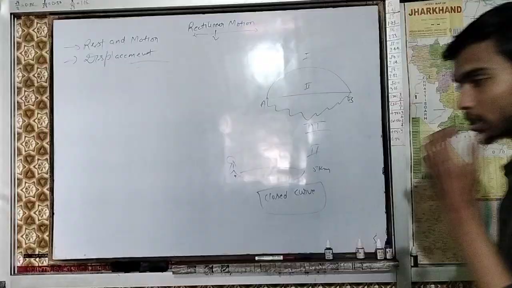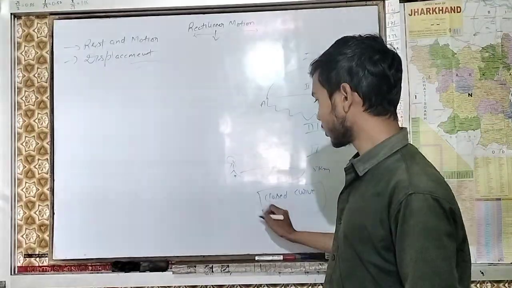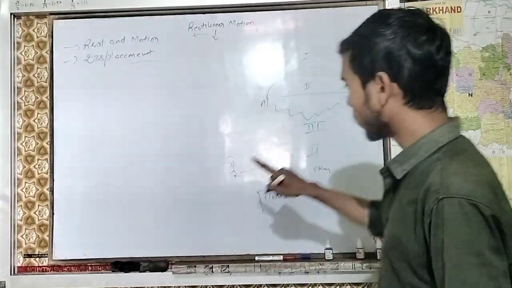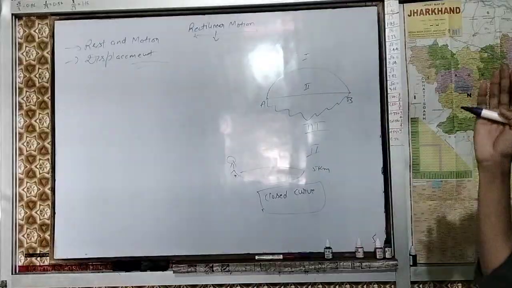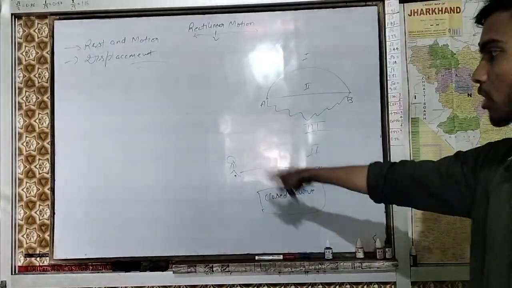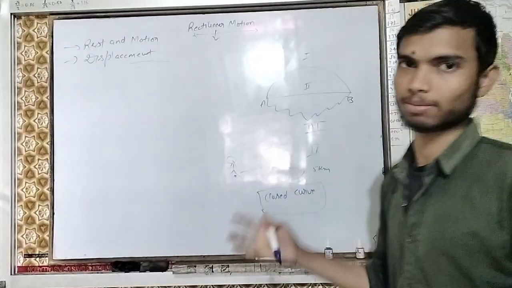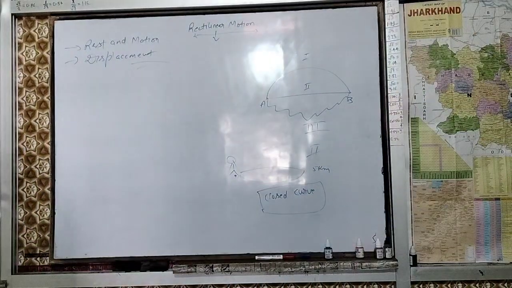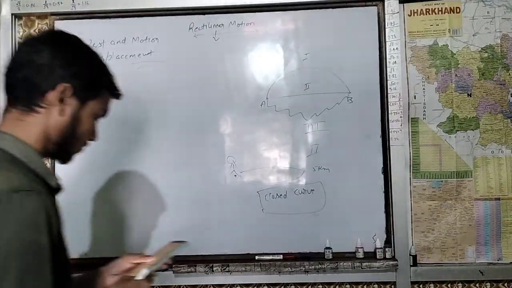And if you want the logic, it is starting from the initial point, but when it comes to the final point, where does it reach? At the same location. So initial and final are the same. That's why displacement is zero. This is the logic. Clear? Okay.